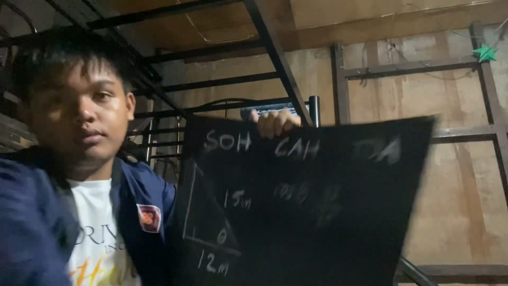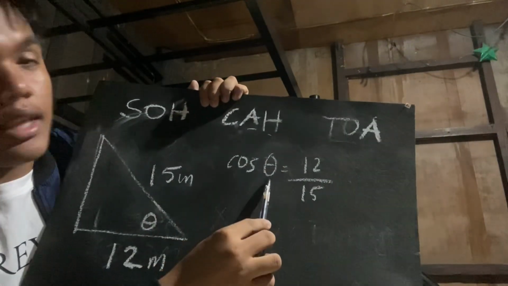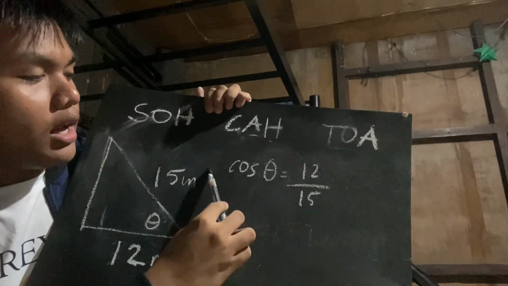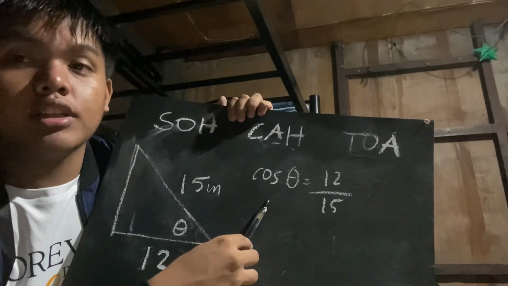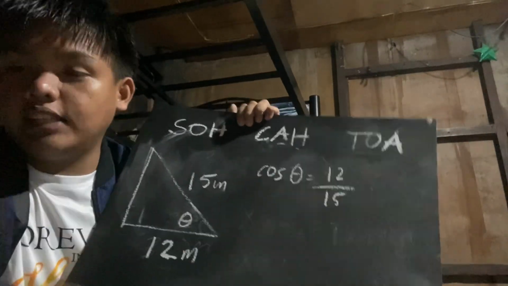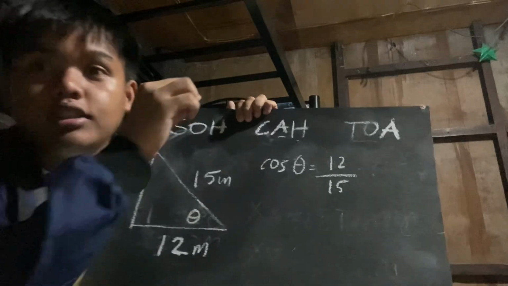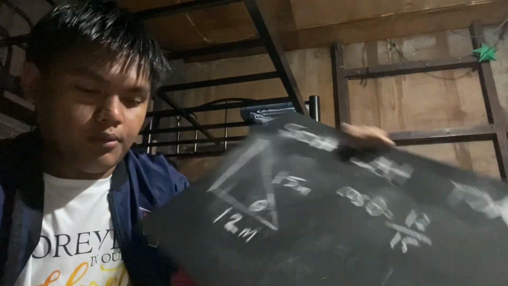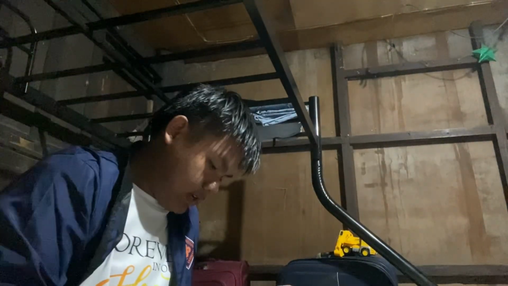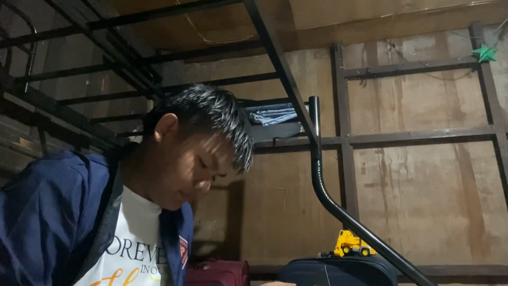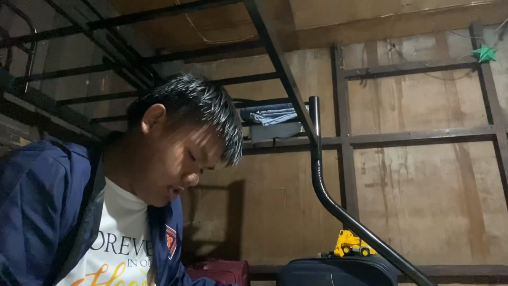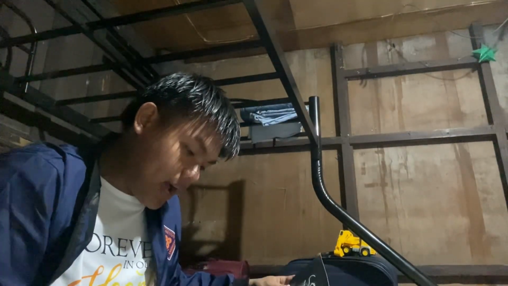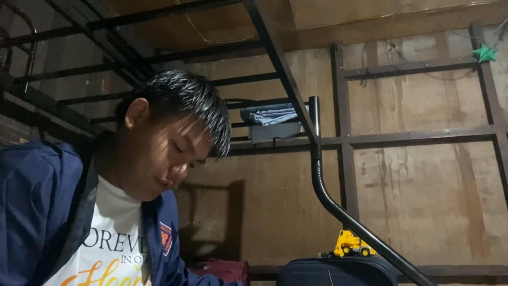Now, to get the theta on its own, we don't divide both sides by cos, but we use inverse cosine, or cos raised to negative 1 on your calculator. So, theta is equal to inverse cos of 12 over 15.